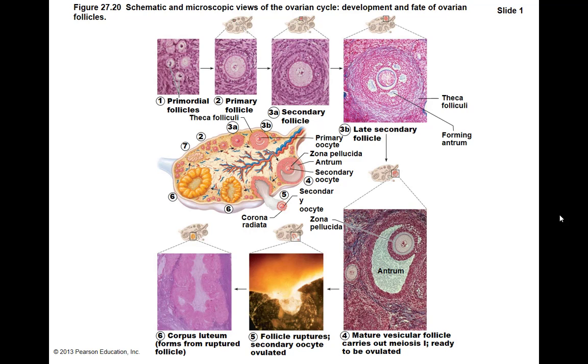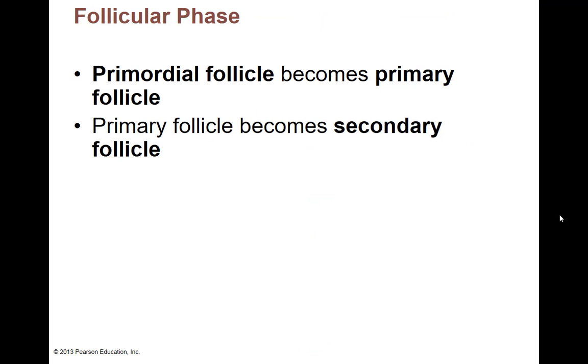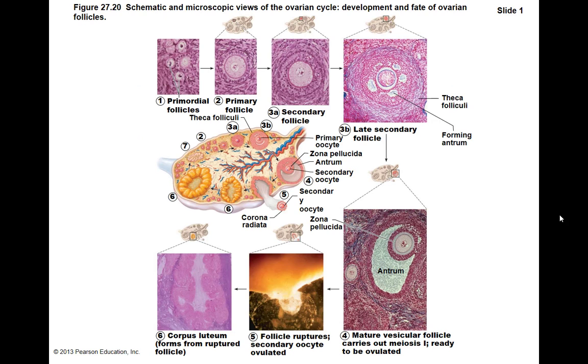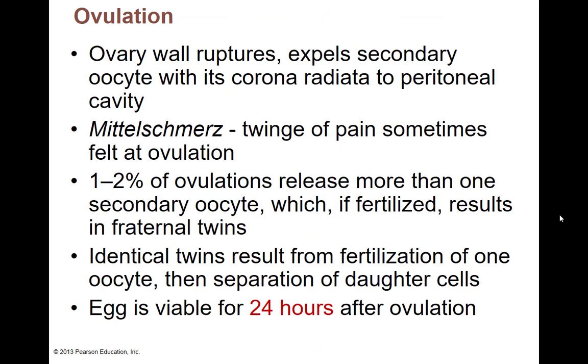So those primordial follicles will become a primary follicle, and eventually become a secondary follicle, which we didn't look at in lab, don't care. It will eventually develop into your mature follicle. So it's growing and growing during your follicular phase. Your primordial becomes primary, primary becomes secondary, and it'll eventually become a mature or Graafian or antral follicle.